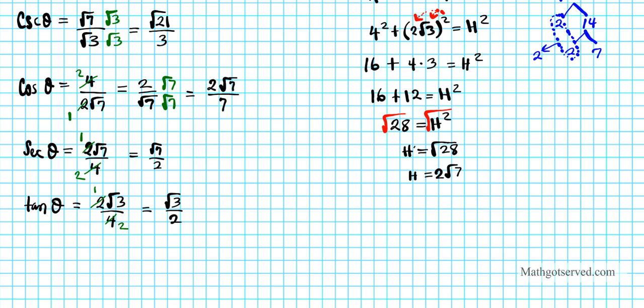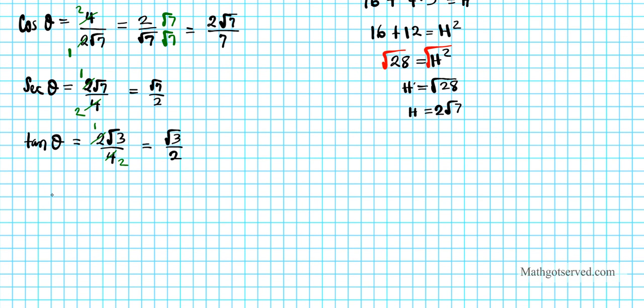Okay? Last but not the least is the reciprocal of tan, which is cotangent theta. We're just going to reciprocate, so it's going to be 4 divided by 2 root 3. Now we can divide by 2, top and bottom. 2 goes here 1, 2 goes here twice.